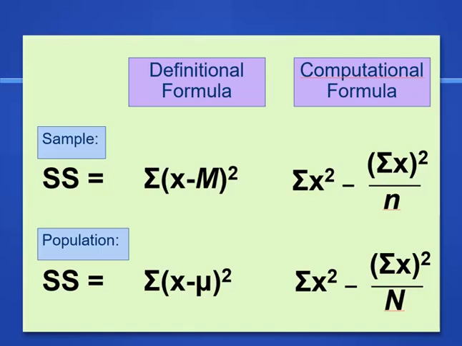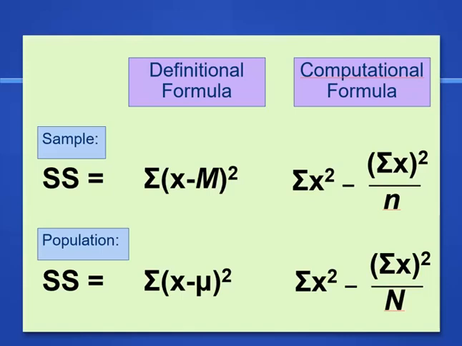We're going to use both of these throughout the entirety of the semester. The reason why we learn two, simply put, is that you will often be computing the sum of squares for a variety of different statistics in the future. Sometimes there's value in using one formula over the other because some of the interim steps that you use to compute the sum of squares can be useful for whatever statistical equation you're computing at that time.